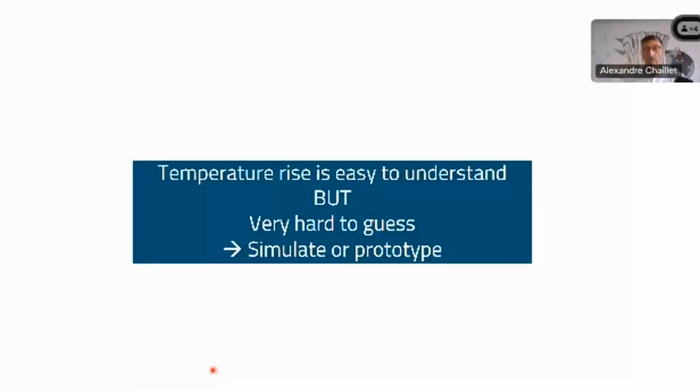But this is very complicated in reality and very hard to guess beforehand what your temperature will be in real life. So, either you simulate it with ANSYS or something like that, or you should do a prototype. If you have a doubt, you should do a prototype to check if the temperature is really what you think.